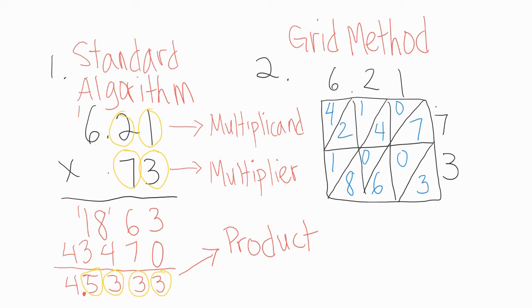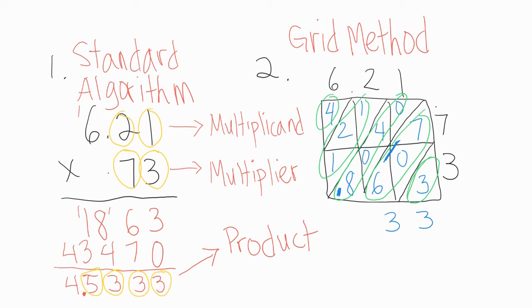Now the next thing we have to do is we have to look at these diagonal rows of numbers, and then we're going to add. So 3 plus 0, 3 plus nothing is 3. And then I'm going to look here. 7 plus 6 is 13, but I carry the 1 by putting it right here.